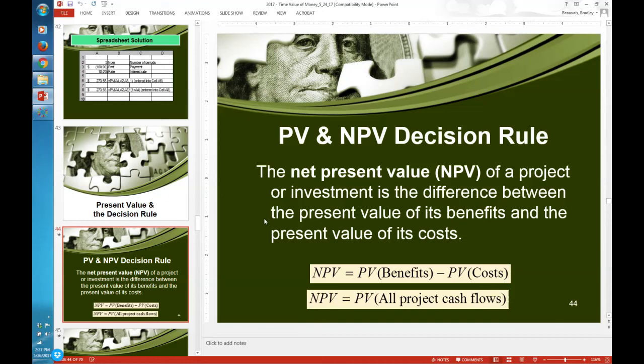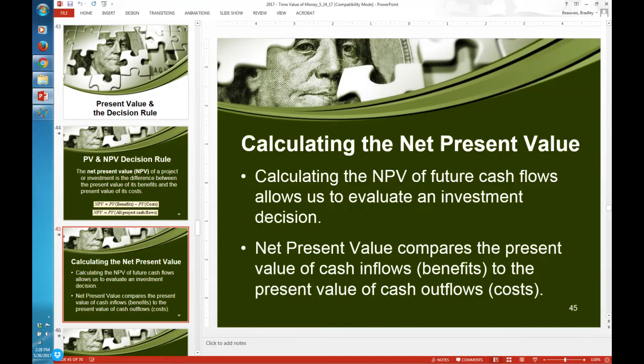Okay, so when we conduct a net present value, all that really means is it's just the summation of all the present value valuations across the entire time frame, whether that's 3 years, 5 years, 10 years, 15 years, whatever the case may be, all project cash flows reduced to a present value, or today's basis, or bringing it all back to 0. So when we do this, essentially, again, this allows us to evaluate an investment decision and understand if there's going to be some economic benefit to pursuing that investment, that project, or whatever the situation might dictate.